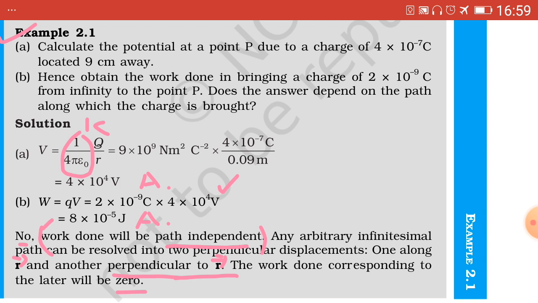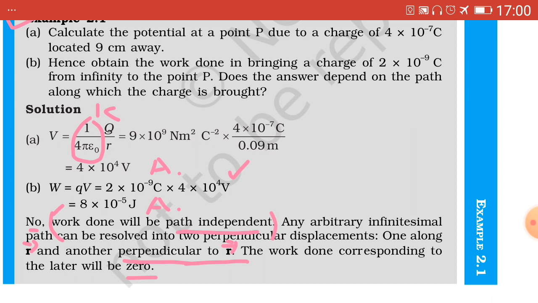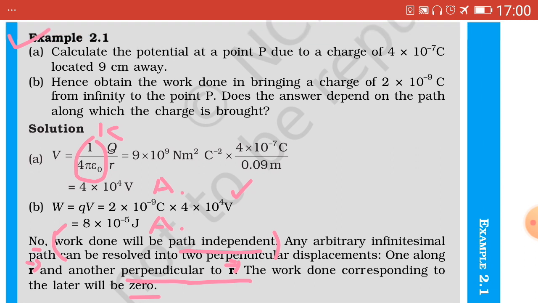Convert it into meter, means 9 × 10^-2 meter, equal to 9 upon 100, equal to 0.09 meter. On simplification, it gives 4 × 10^4 volt. That is the answer written here.